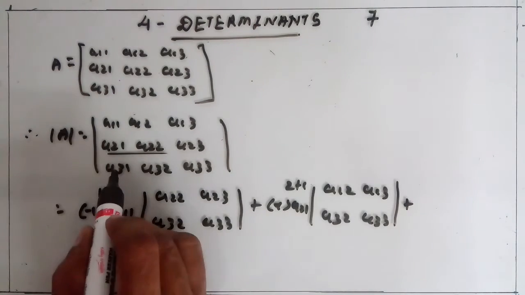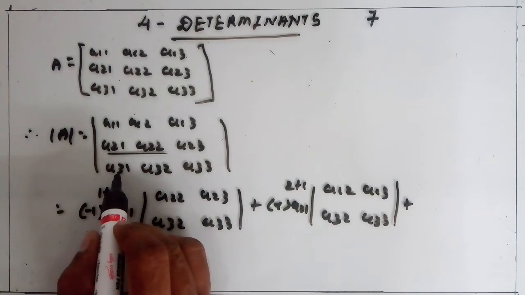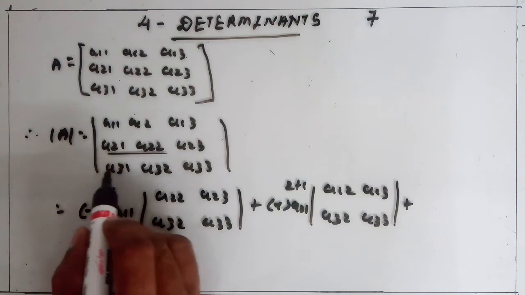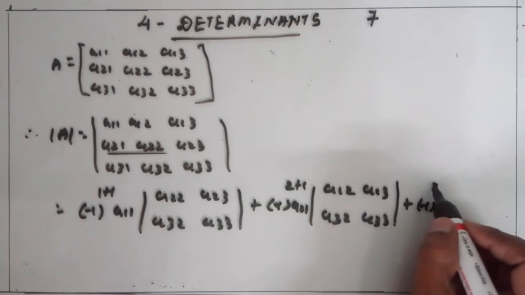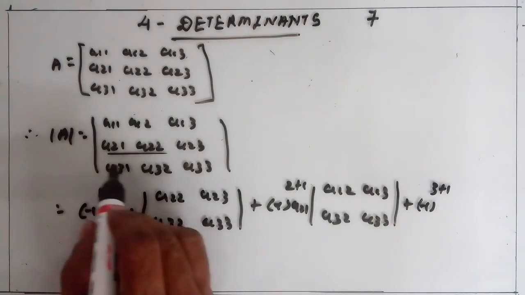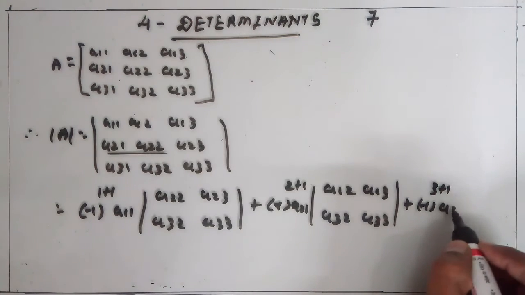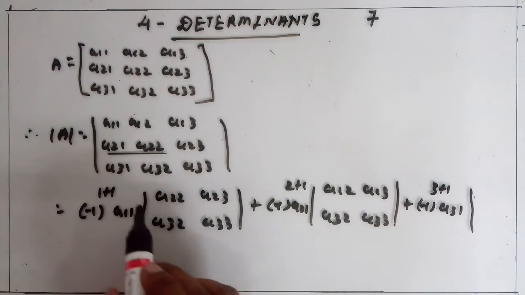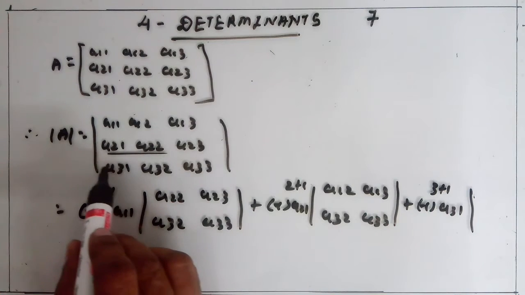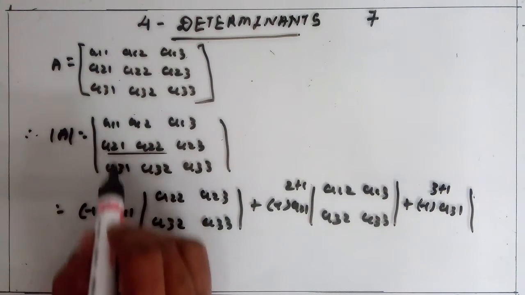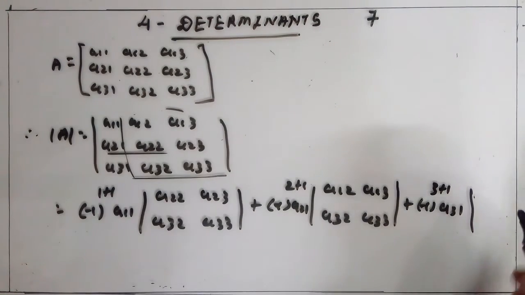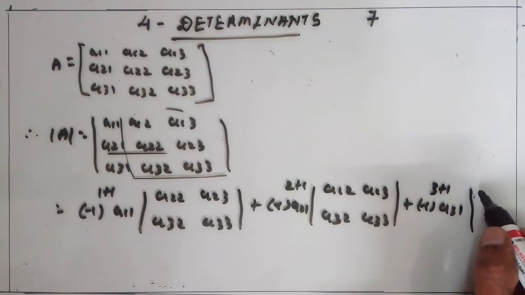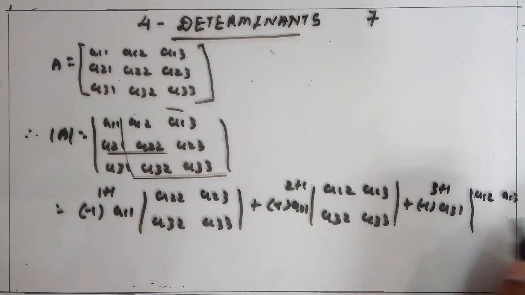Plus, now the last entry of the first column, A31 lies in the third row and first column. So minus 1 raised to third row and first column into A31 into, using the remaining entries other than this row and column, get this determinant using remaining entries A12, A13, then A22, A23.